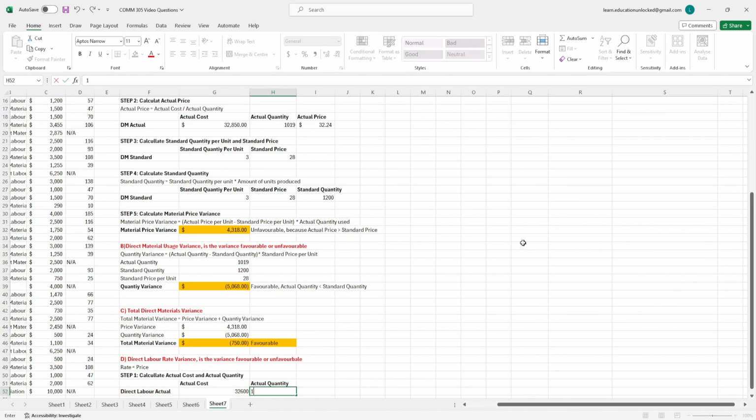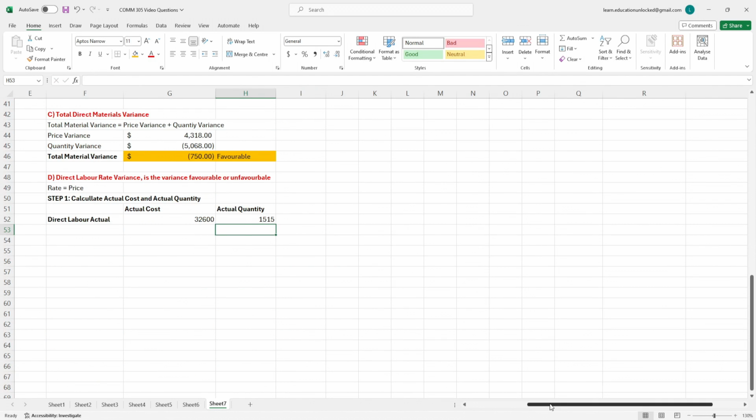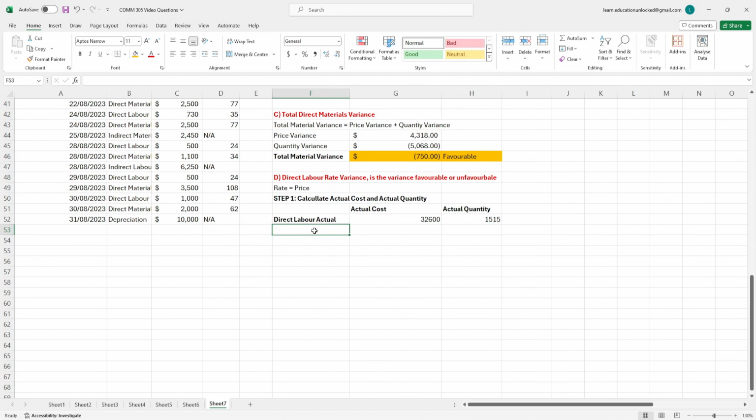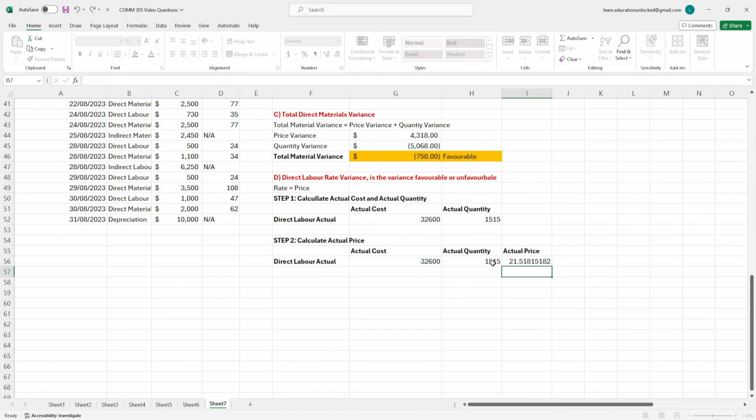Actual quantity is 1515. All right, there you go. So that's all we need from the pivot table. And so step 2, we can calculate our actual price. Like we did again, I'll just redo the table, make another column for actual price, and take your actual cost divided by your actual quantity. That gives us 21.52.